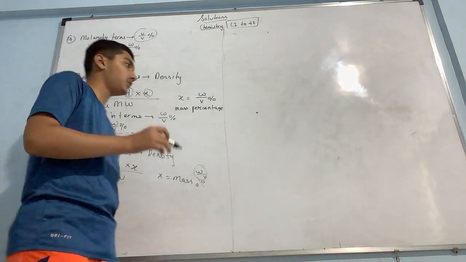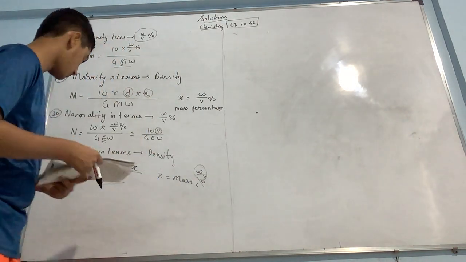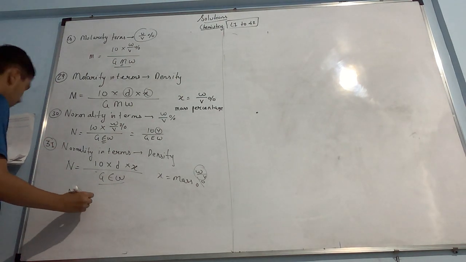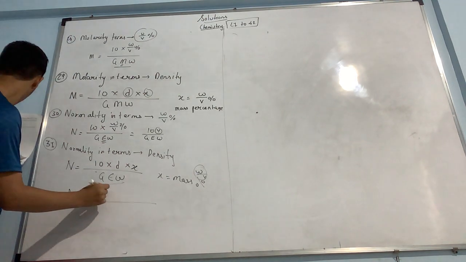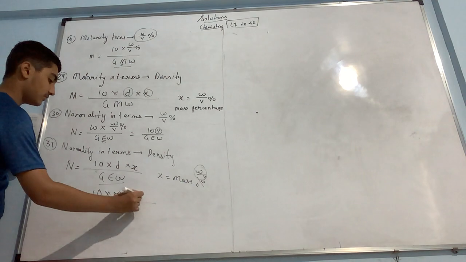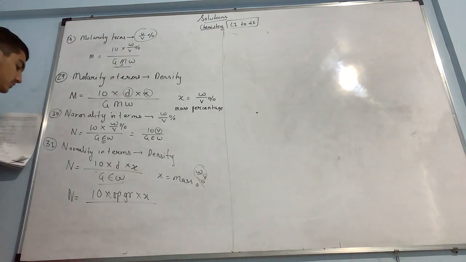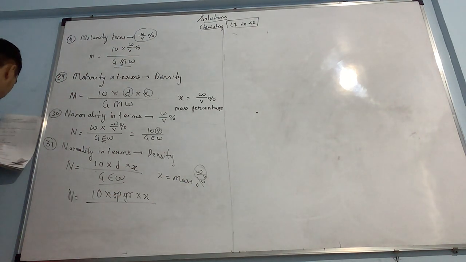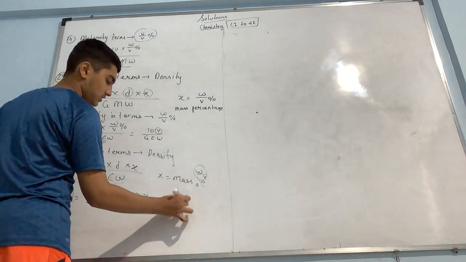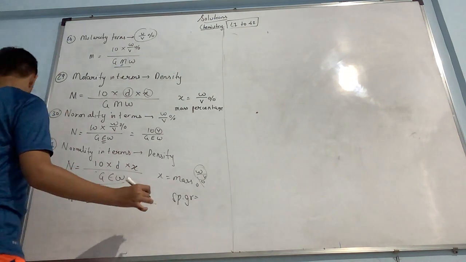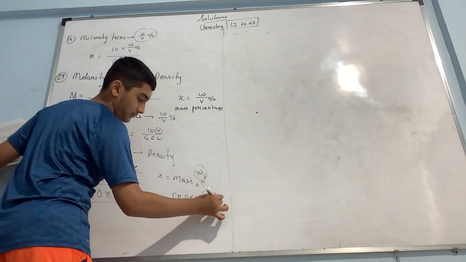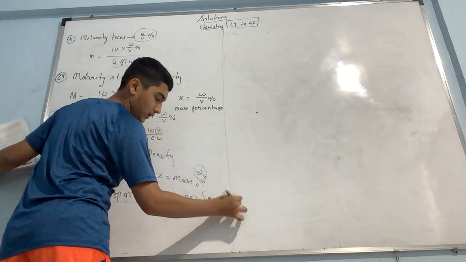Or if it's given, you can use this formula as well. N is equal to 10 multiplied by SPGR multiplied by X upon GEW. Here SPGR means specific gravity of solute. Just keep in mind, specific gravity.